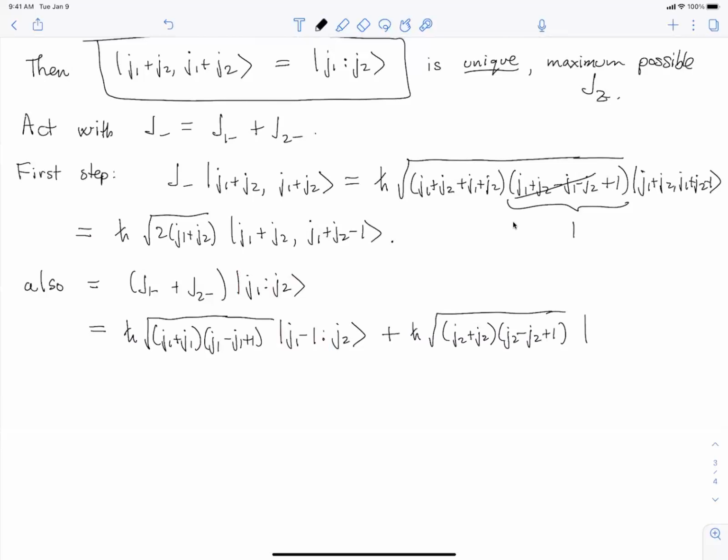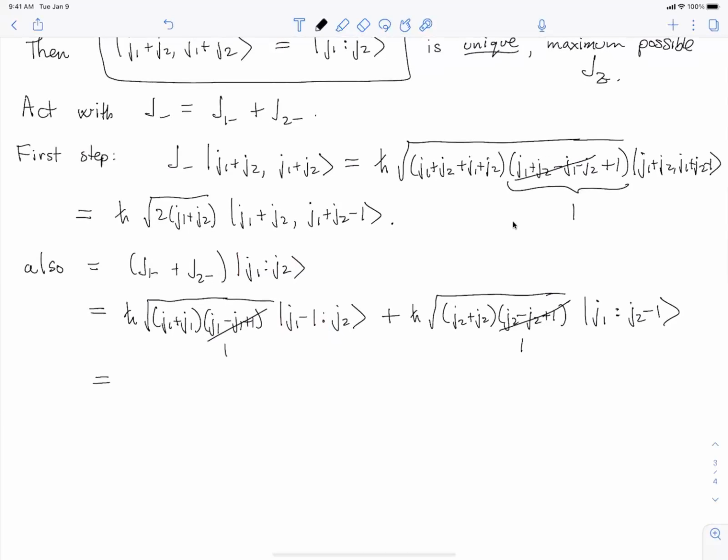Now we're lowering the angular momentum component that goes in the second slot, so now J2 gets lowered by 1. We can simplify this; this is once again 1, and this is 1. So the whole thing is h bar square root of 2J1 |J1-1, J2> plus h bar square root of 2J2 |J1, J2-1>.